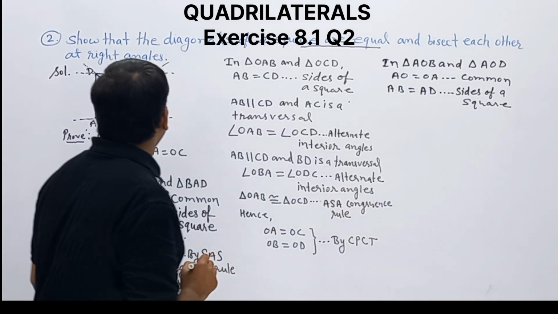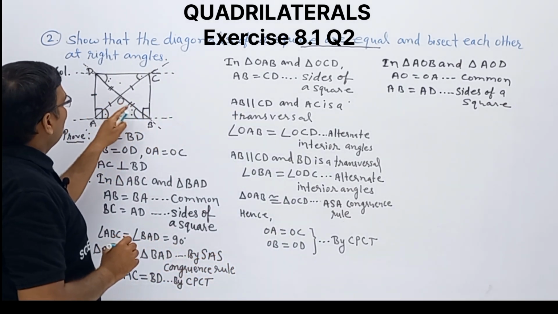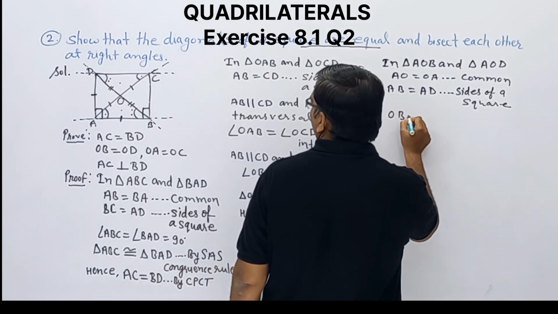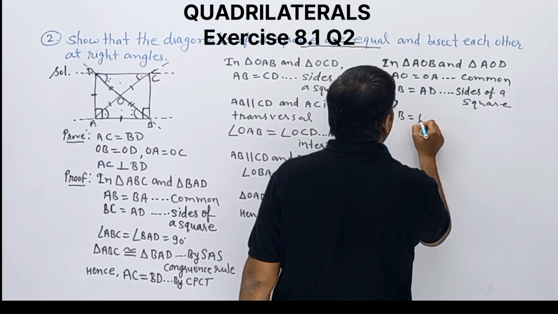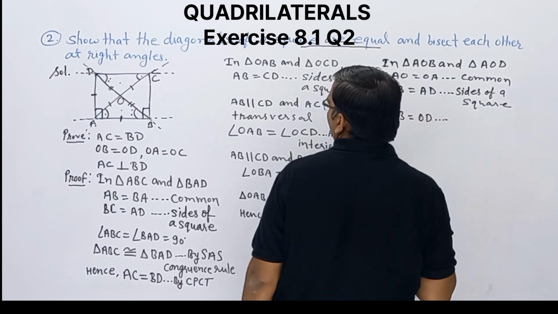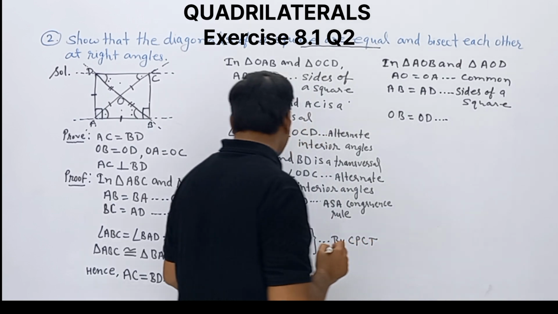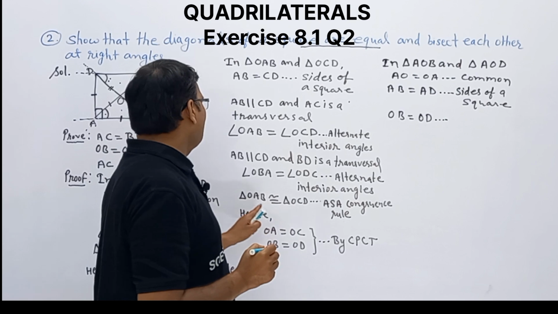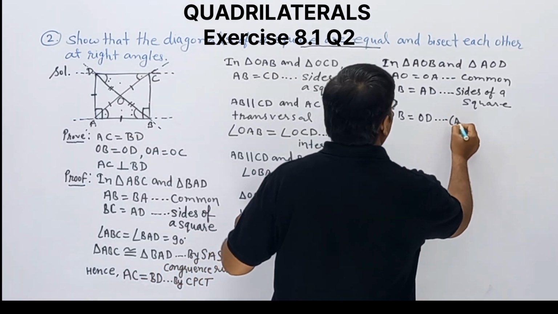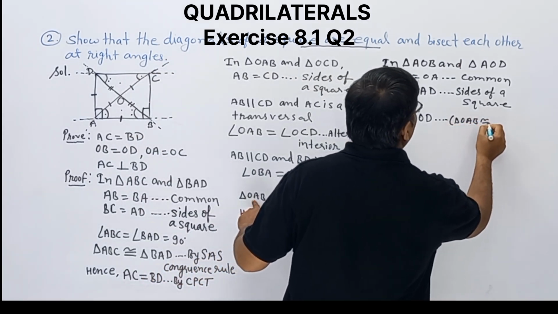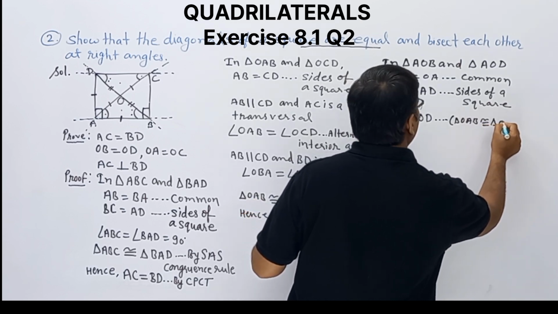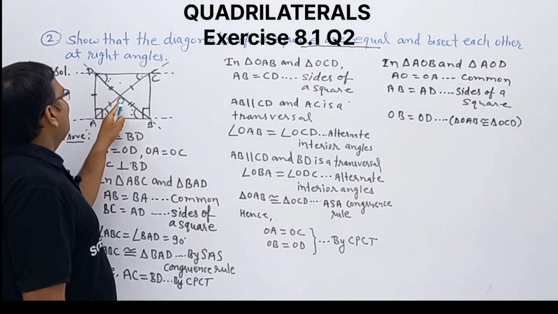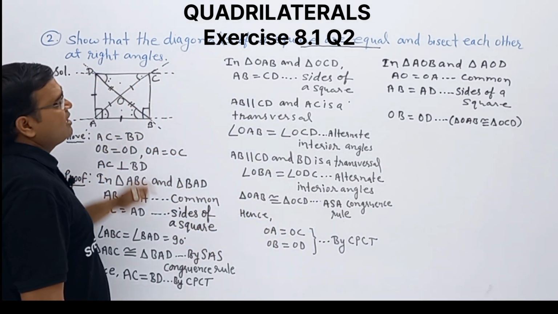Now next one, in both triangles OB equal to OD. Why are they equal? Because we already proved OB equal to OD, because triangle OAB is congruent to triangle OCD. These two triangles are congruent, so corresponding parts of these two triangles will be equal.